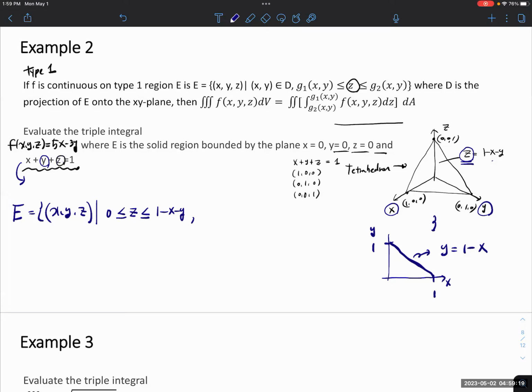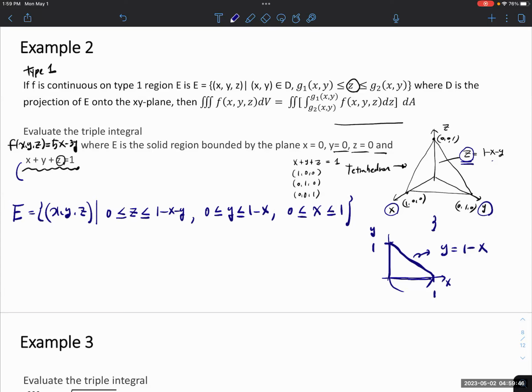This is a linear equation through 1, 0 and 0, 1. So that's the y interval. And then if these are true, the x interval is going to be 0 to 1.